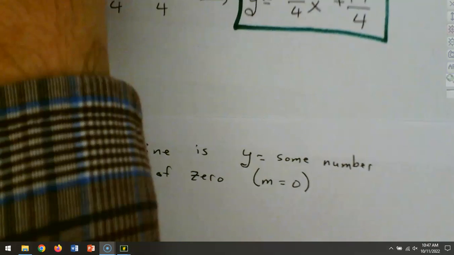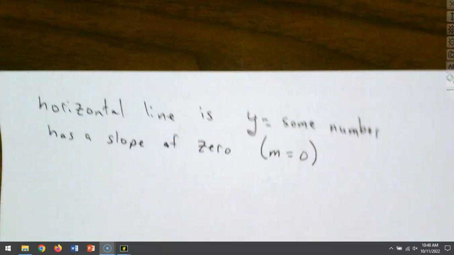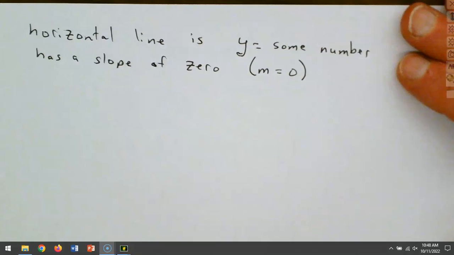Now the opposite of that is going to be a vertical line. If you remember, vertical lines have an undefined slope.